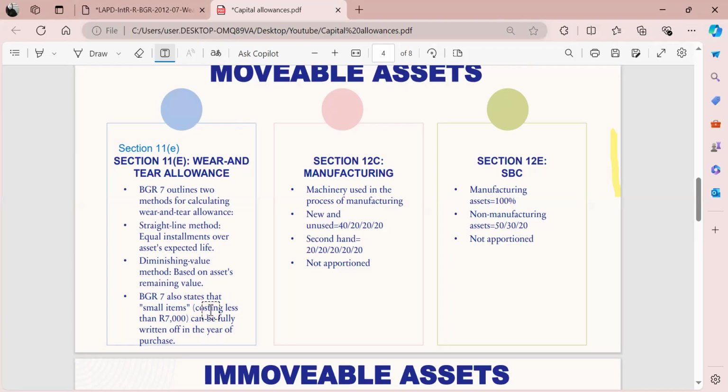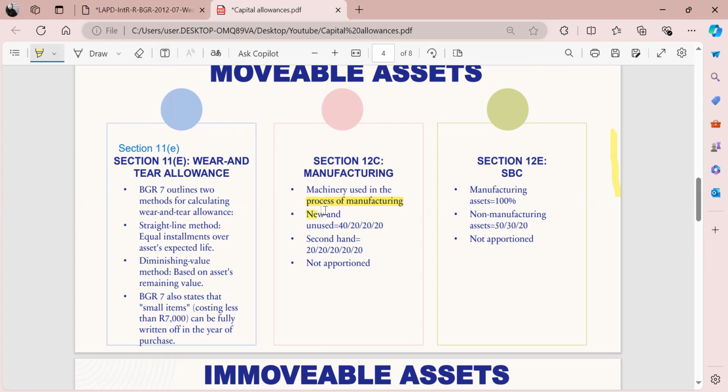Secondly, we've got section 12C, which deals with manufacturing assets. Guys, as soon as you see the words process of manufacturing in a question, that's how you know that you are going to apply section 12C, right? So section 12C is mainly applicable to assets or machinery that is used in the process of manufacturing.